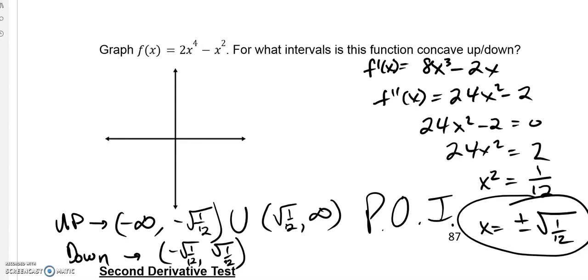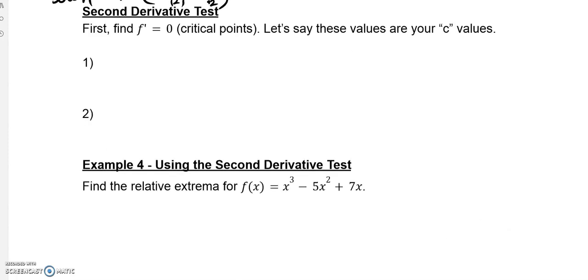down. So you can also use the second derivative to find whether or not the extrema, which we've been talking about as well, is a minimum or a maximum. So for example, if you find the second derivative at a critical point, that's very important.